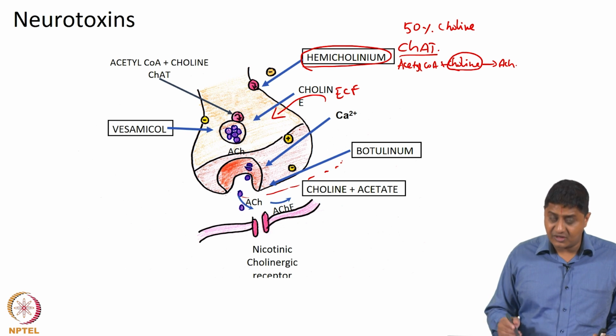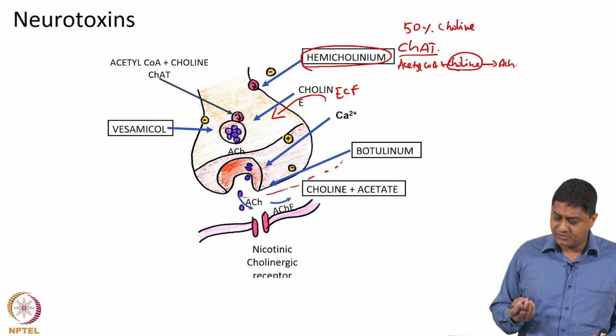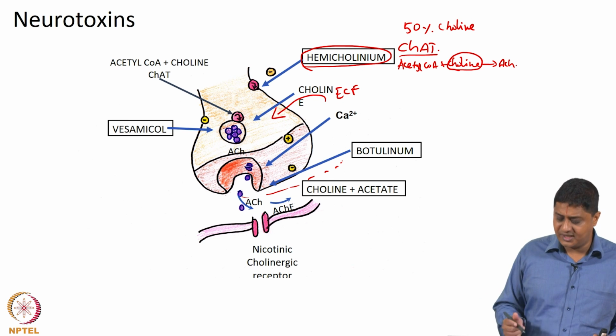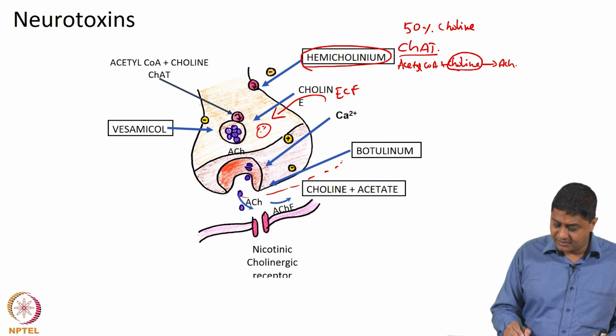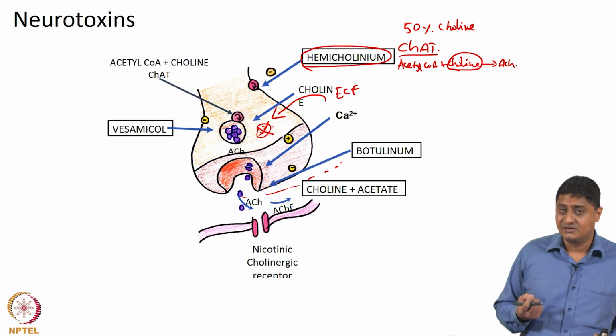After some time there will be very little choline remaining. Essentially this will reduce the amount of acetylcholine in the presynaptic terminal, because no more acetylcholine can be manufactured without the raw material, choline.